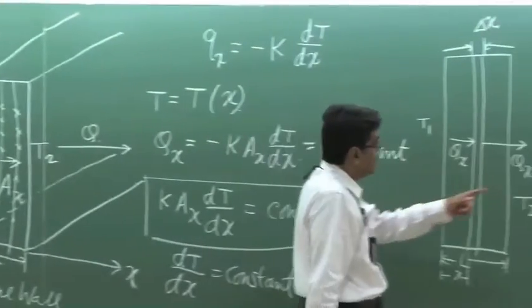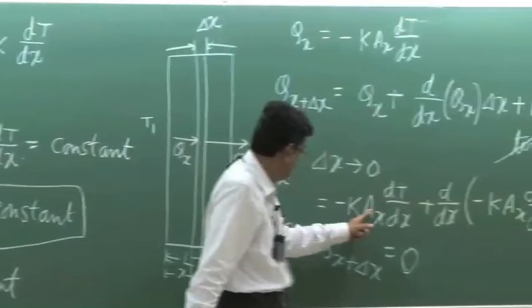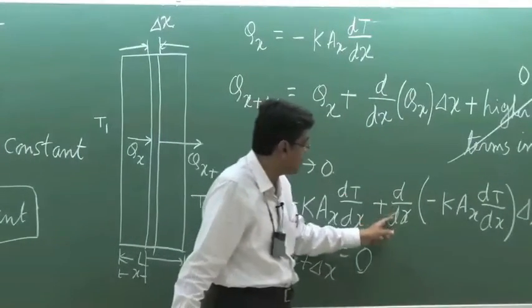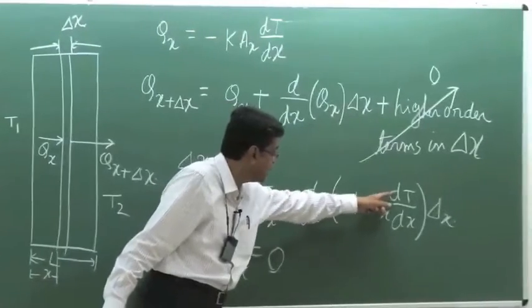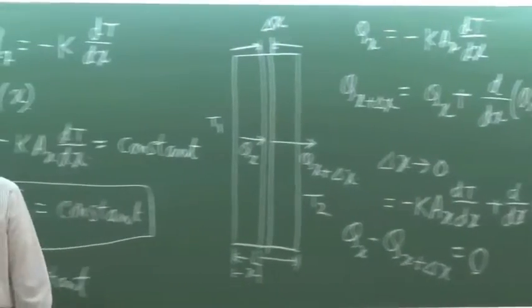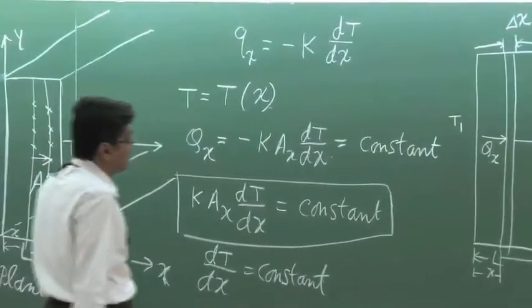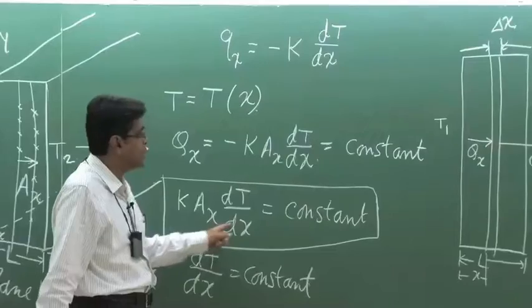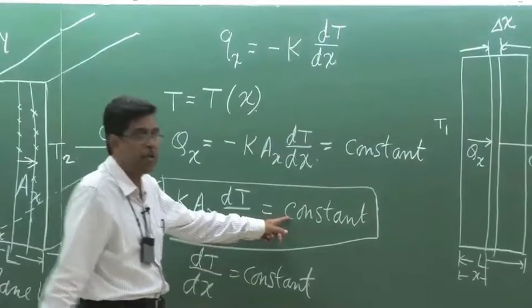Means d/dx, this minus this means d/dx of K Ax dT/dx del x is 0. So therefore, we get the same result, that K Ax dT/dx is constant, is not dependent on x.